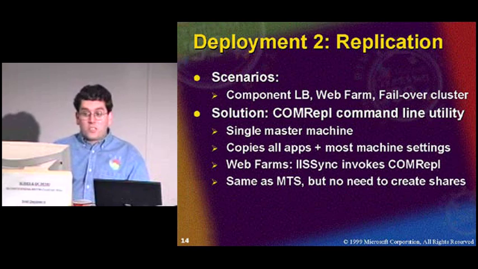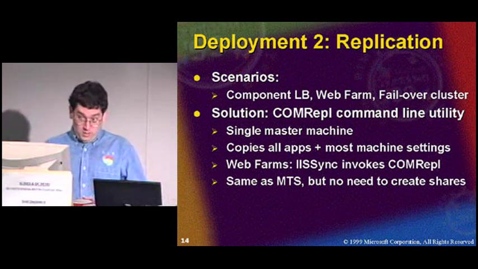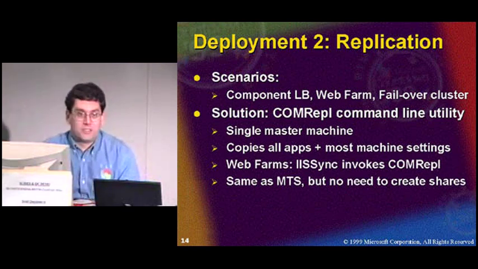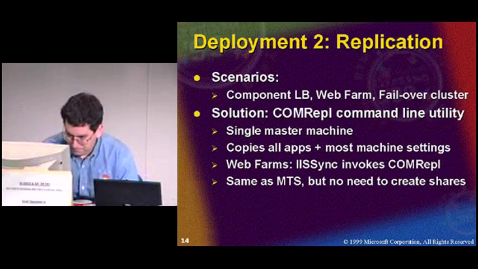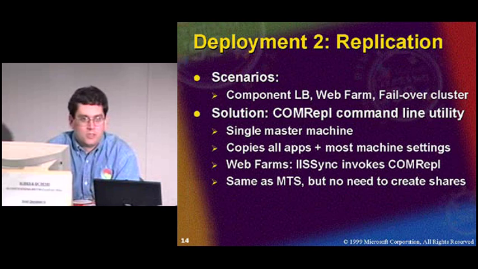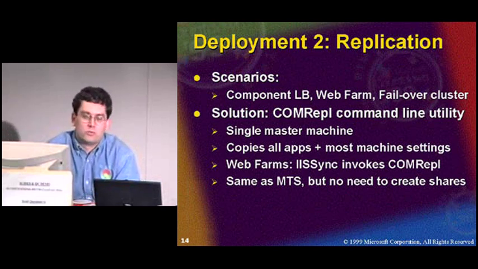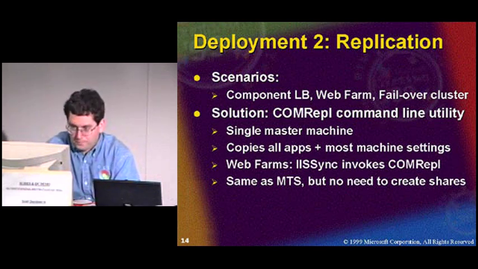And COM+ offers a utility for that. Actually, it's a command line program. It's called comrepl.exe. It's installed into the system32 directory. And the way you use it is you basically just type this, and you give it the target machine to which you want to replicate the application on the machine that you're running this utility from.